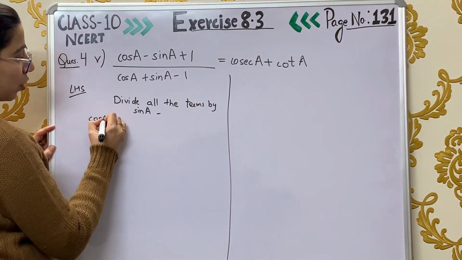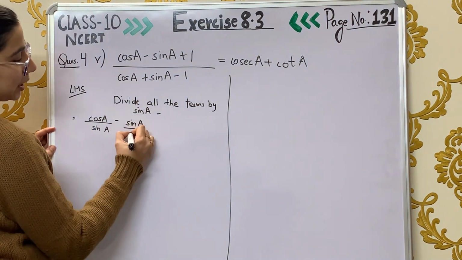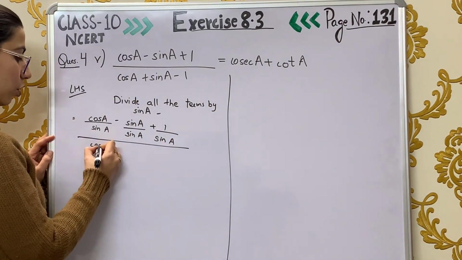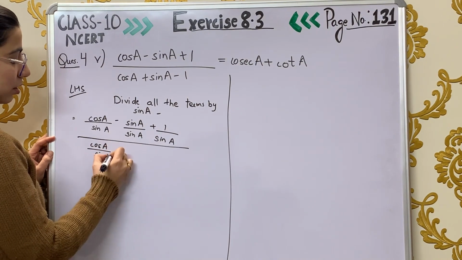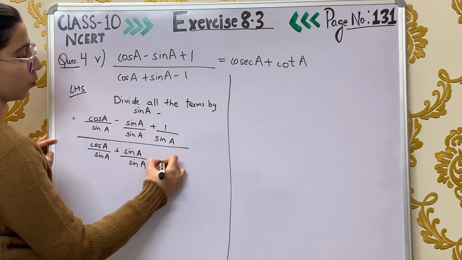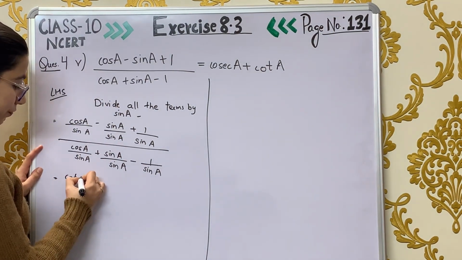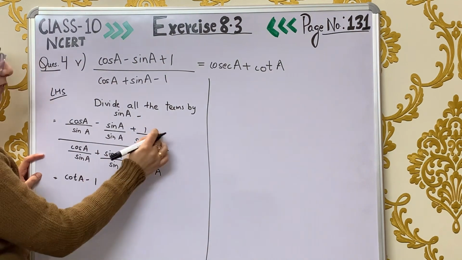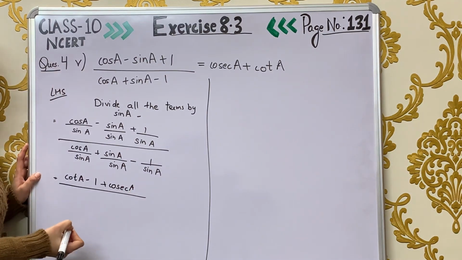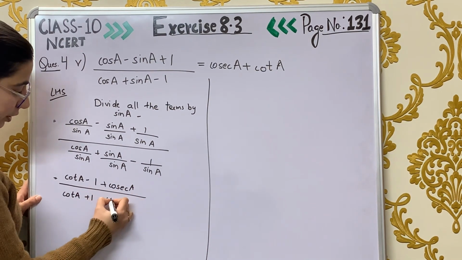So we'll get it as cos A upon sin A minus sin A upon sin A plus 1 by sin A. Now similarly in the denominator we get cos A upon sin A plus sin A upon sin A minus 1 by sin A. Next up we see cos A by sin A is cot A, sin A by sin A is just 1, and 1 by sin A is going to be cosecant A. Similarly, in the denominator, this becomes cot A, this becomes 1 again, and this becomes cosecant A.